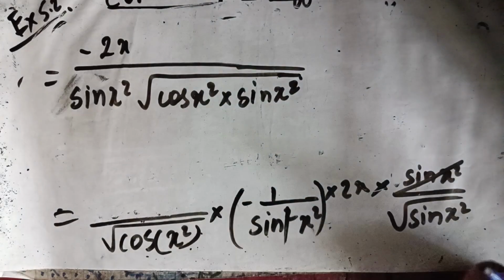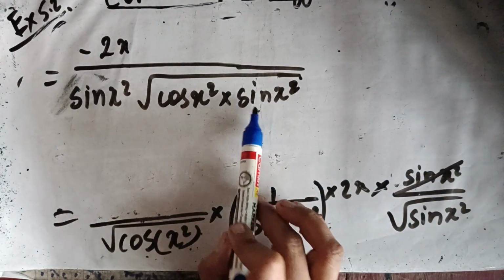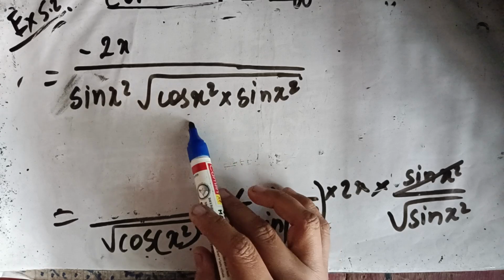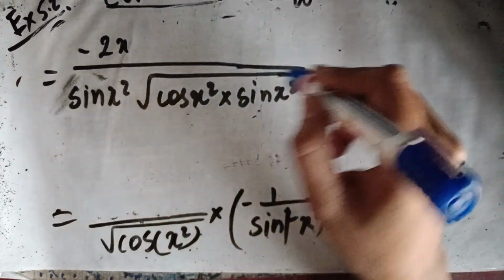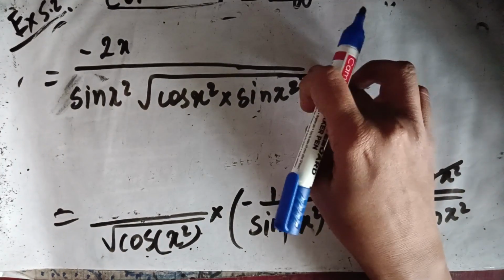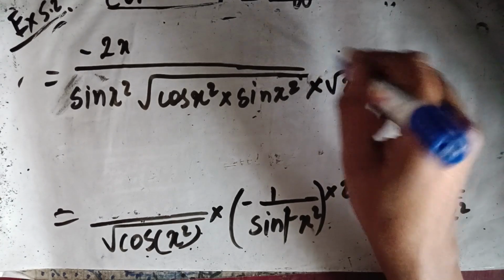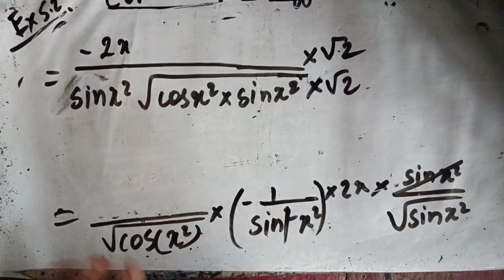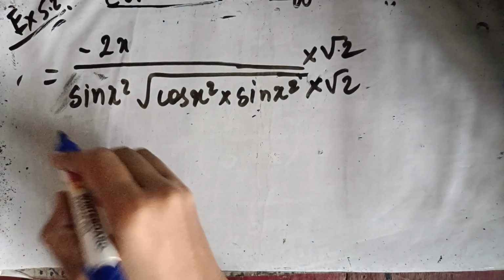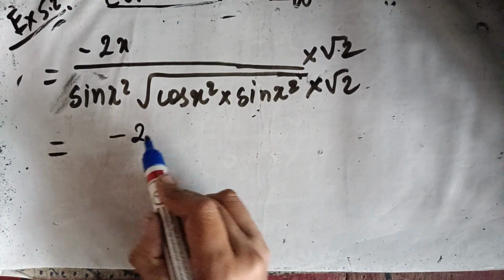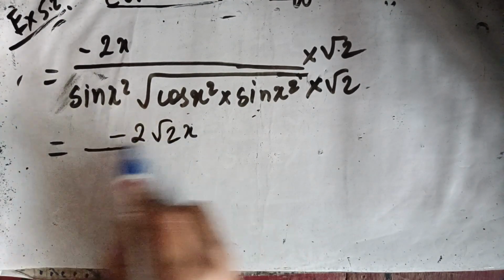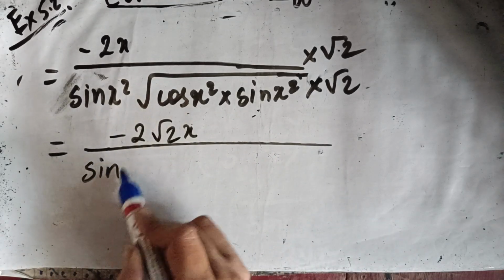So again you can write this as sine x into cos x. If I multiply root 2 and root 2, then I'll get minus 2 root 2x upon, I'm just simplifying it.